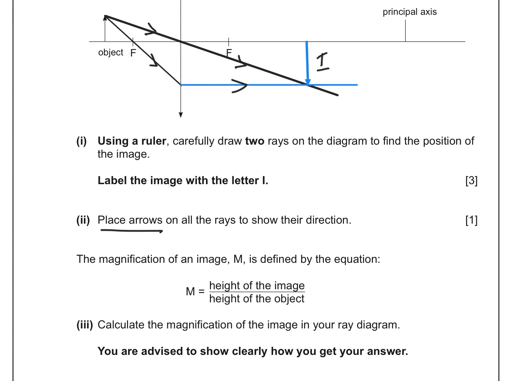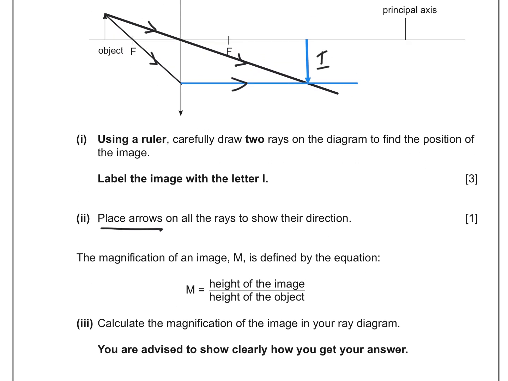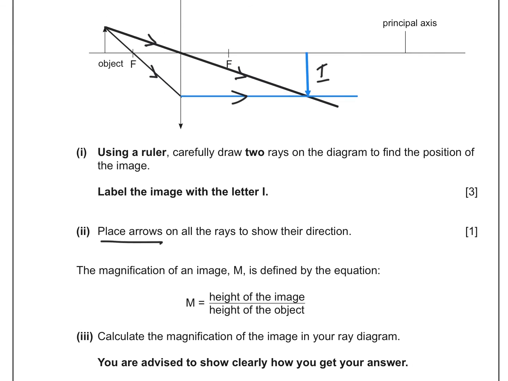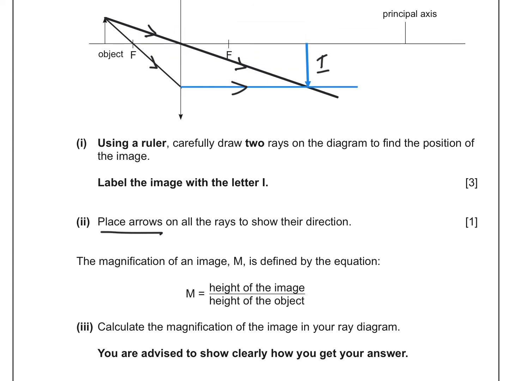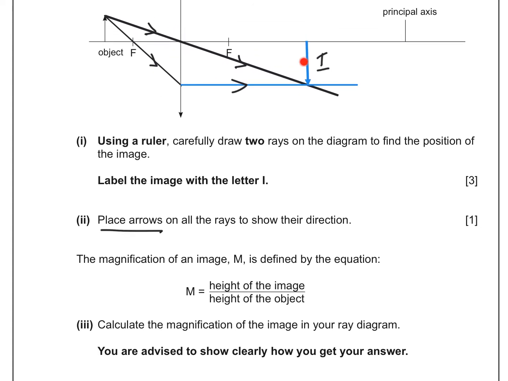So you would expect this to be an M greater than 1 when you measure them directly. So it's very difficult for me to do anything about this on the iPad. But you measure the height of the image just here. You measure the height of the object just here. You put these numbers in and divide them.